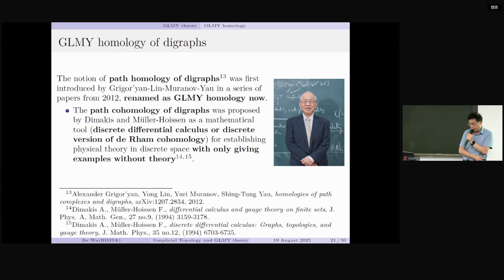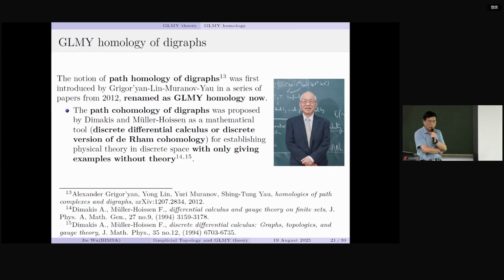So this theory was introduced by Professor Yau in 2012. Well, originally called path homology, now it's called GLMY homology. And if you search the history, there was some motivation from physicists who produced these ideas in the 1990s. The physicists were trying to think about how to develop a discrete differential calculus, right?